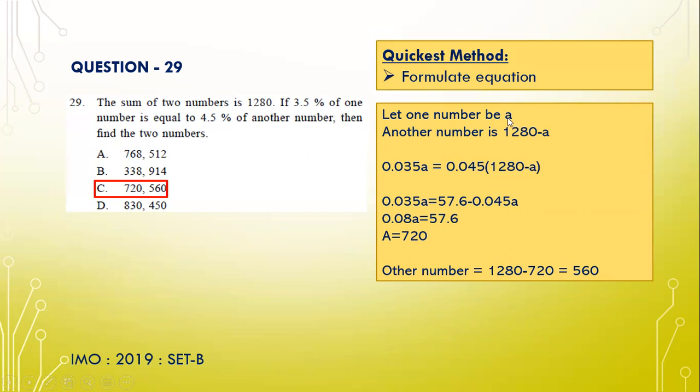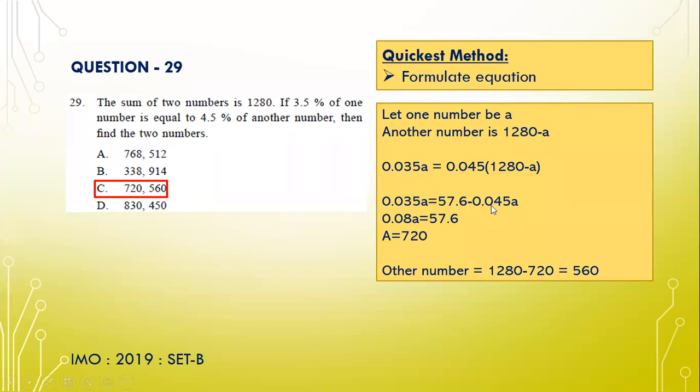So 3.5% of A will be 0.035A is equal to 4.5% of another number. 4.5% is 0.045 of 1280 minus A. So 0.035A will be 0.045 into 1280 is 57.6 minus 0.045A, isn't it?